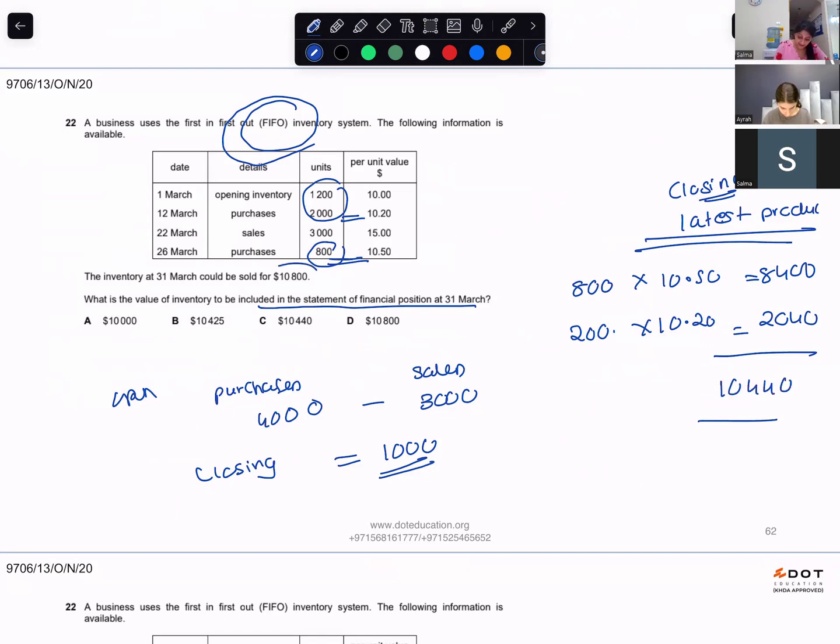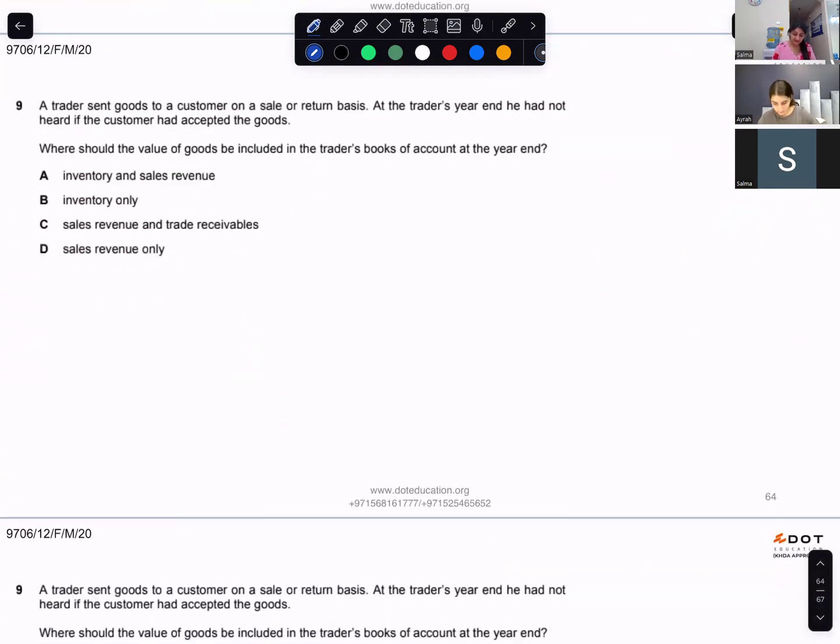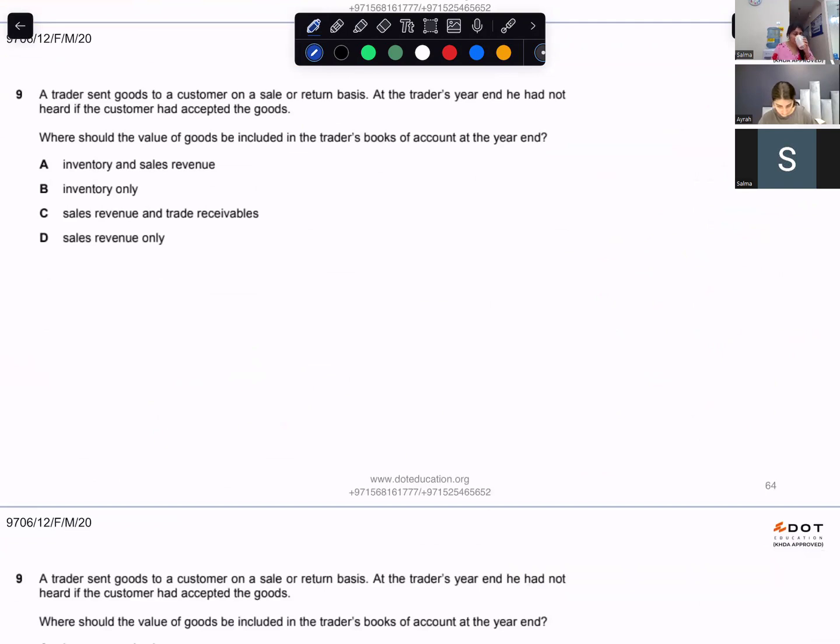And this is the selling price, NRV. So cost or NRV, whichever is lower, so 10,440. Read the next one.